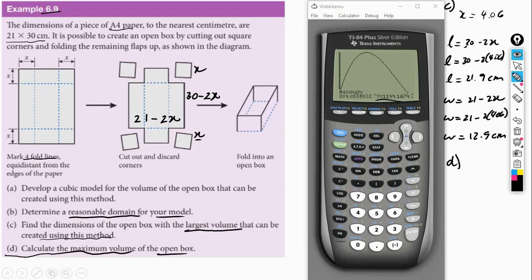For part D, it says in the GDC that the volume is equal to 1,144.167. But because normally for these IB tests, we want to write this in three significant figures, the volume is going to equal 1,140 centimeters cubed.